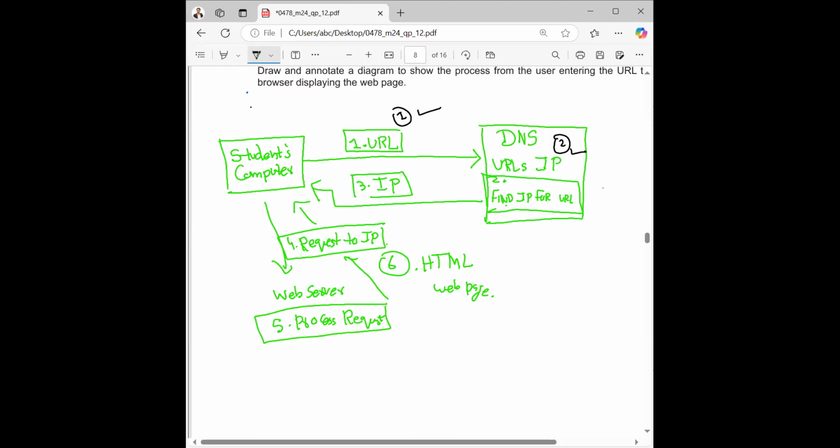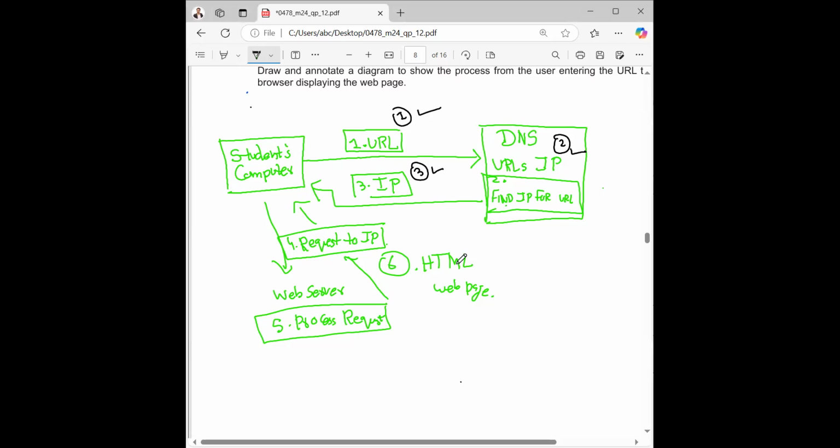Then the third point is sending the IP address to the computer or browser. Then the browser requesting the IP from the web server, and the HTML. So these are the 5 to 6 points that you must create if you have a diagram like this. So in the exam, if you have a similar diagram, make sure you break your question down into these pointers so that it is properly broken down.